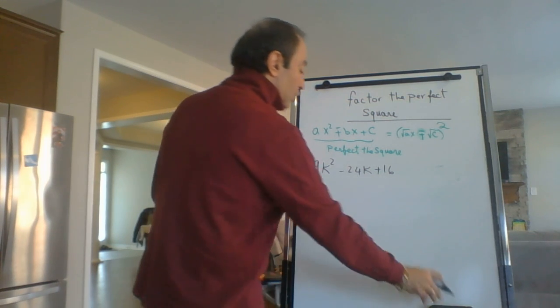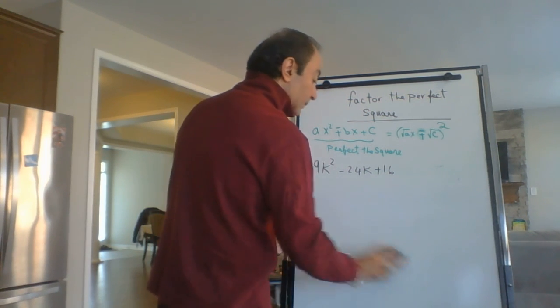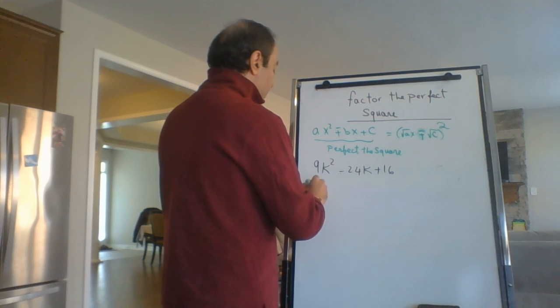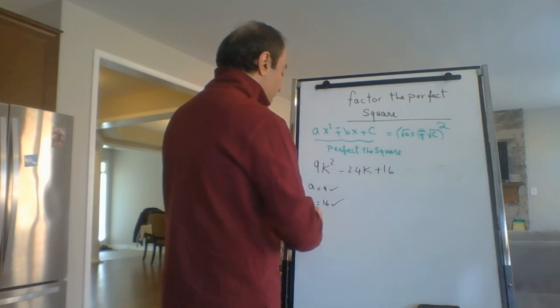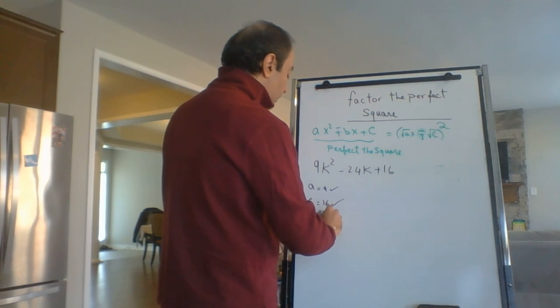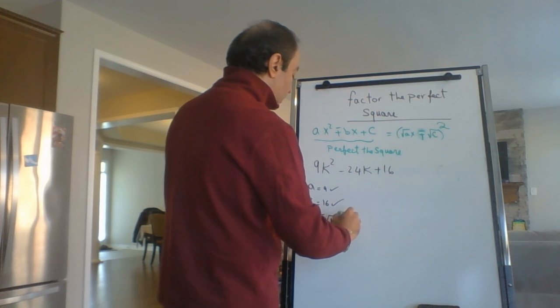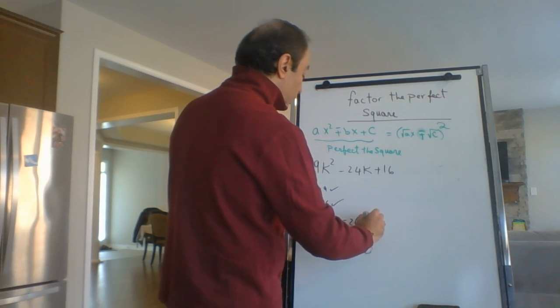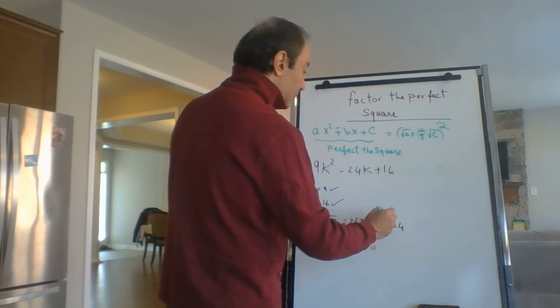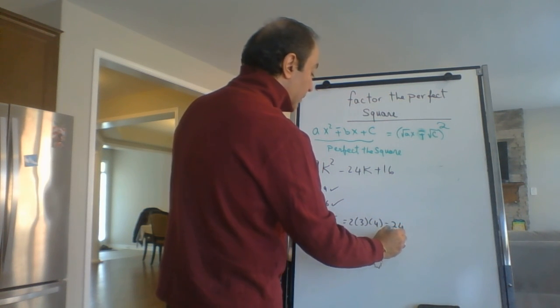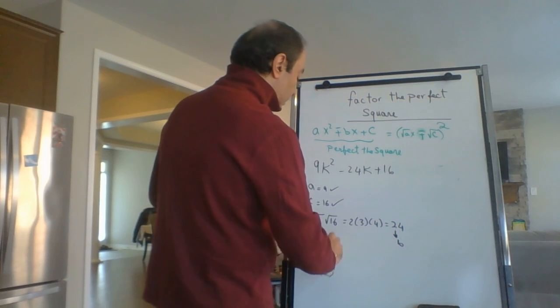So now let's check if it's a perfect square or not. A is a perfect square. C is a perfect square. Square root of 9 times square root of 16 times 2 equals 2 times 3 times 4, which is 24. So that is equal to b. So yes, it is a perfect square.